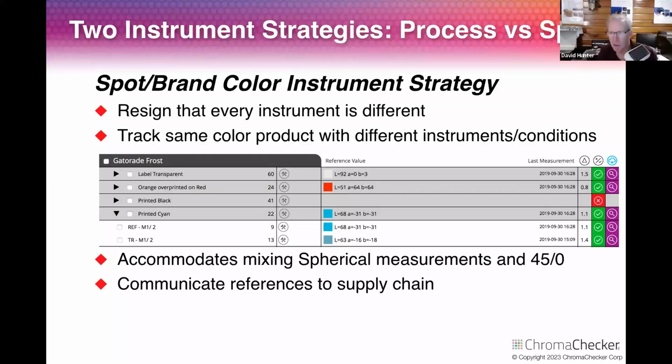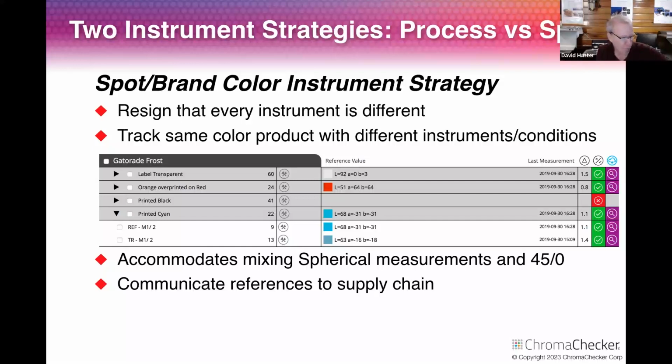But if you have certain objects that you need to measure, like fabrics or foil, and you need to measure some parts with a spherical and some parts with a 45-0, ChromaChecker has the ability to have different tracks within the color.